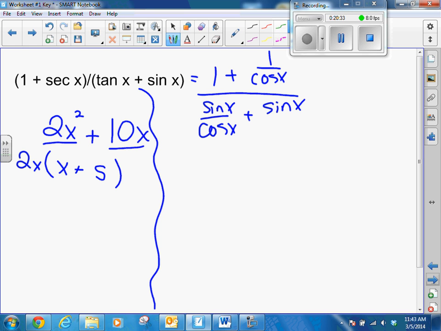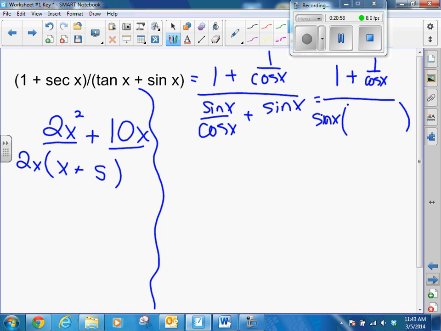Okay. So now, let's look at the denominator again. I'm going to leave 1 plus 1 over cosine. And now looking at those two terms, I have a fraction, I have a whole number. What's in common with both of those? Sine of x. So let's go ahead and divide that out.